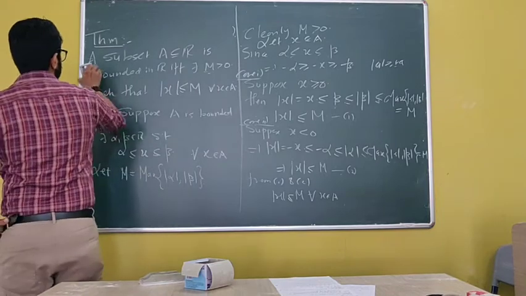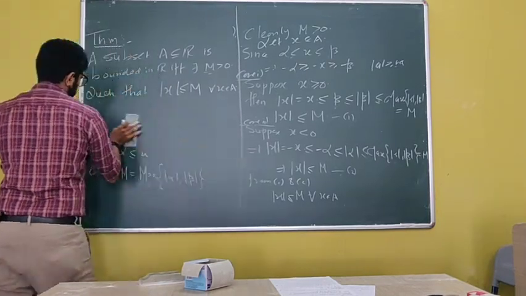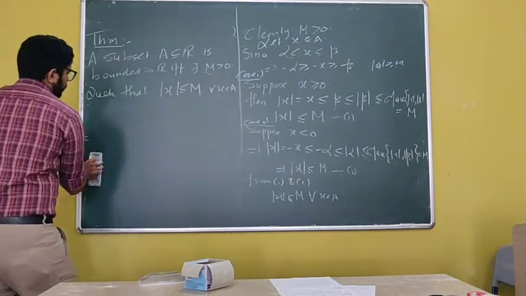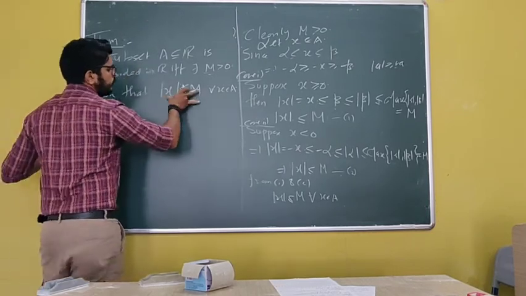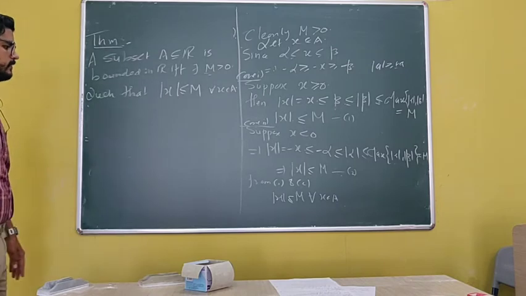Let's look at the other part, to be proved. So we have assumed the fact that it is bounded. We have shown that modulus of x is less than or equal to M for every x.